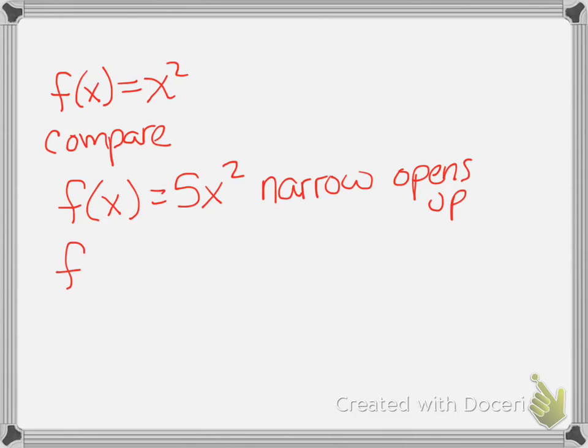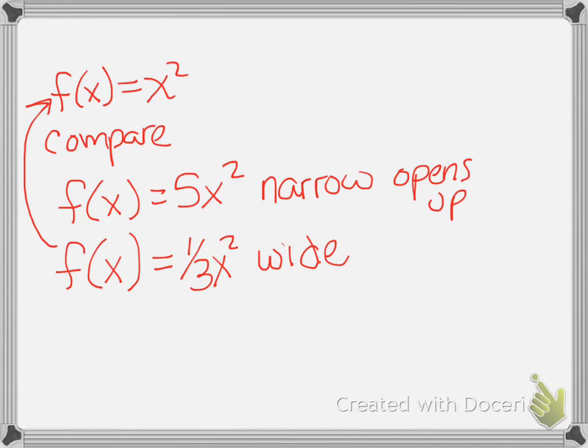If I said f of x equals 1/3 x squared, and I asked you again to compare it back to the original, then you would say it gets wider and it opens up.